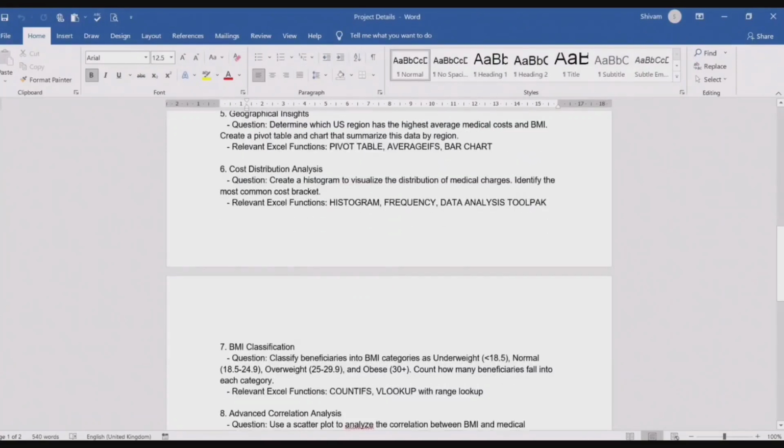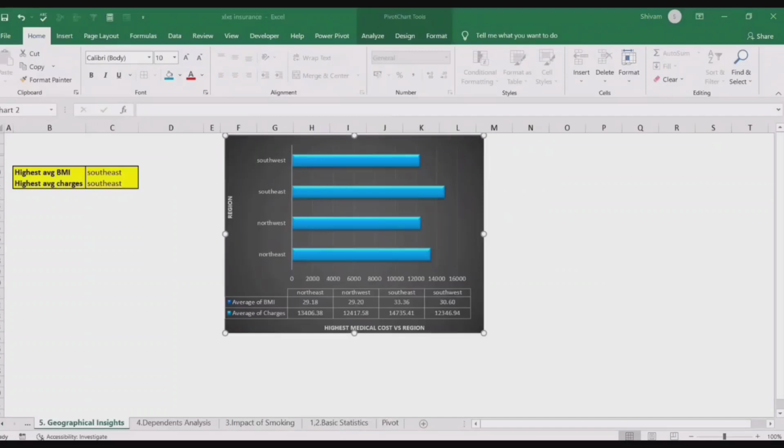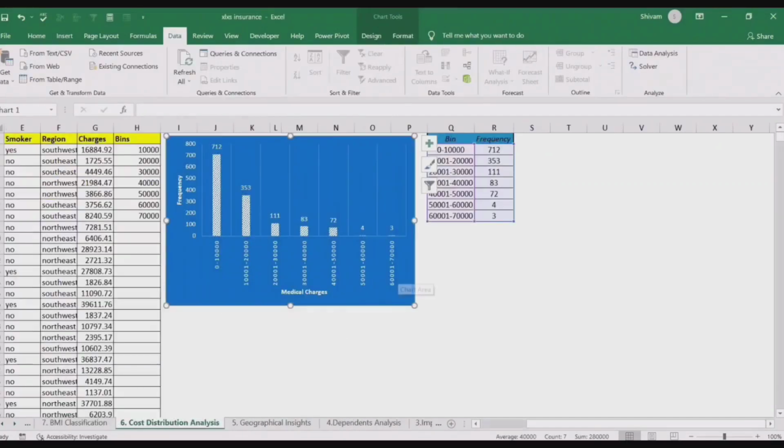We have to create a histogram to visualize the distribution of medical charges and identify the most common cost bracket. Before making the histogram, we have to first create the bins. Here I have created the bins, then go to data and data analysis, and then it will create this table. Here is the bin and here is the frequency.